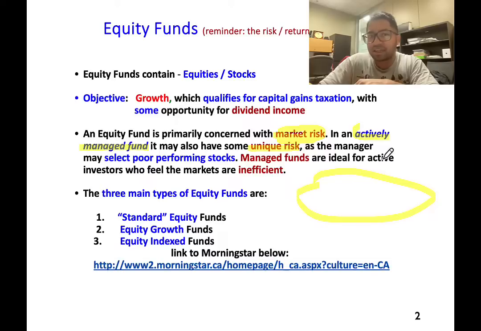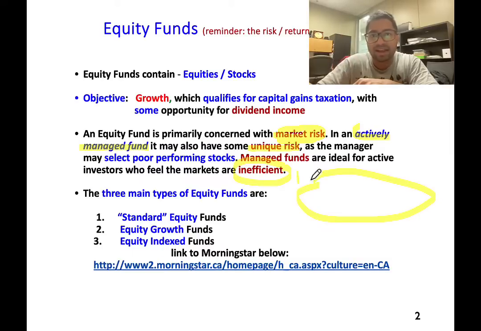Managed funds are ideal for active investors who feel that the markets are inefficient. Again, testable: if you think markets are efficient, you most likely go with passive funds. If you think markets are inefficient, you most likely go with active or managed funds.